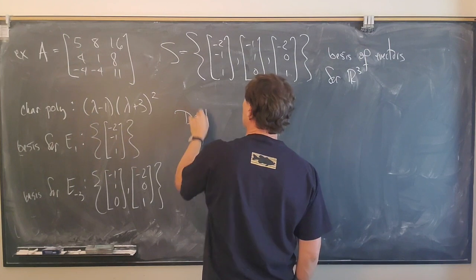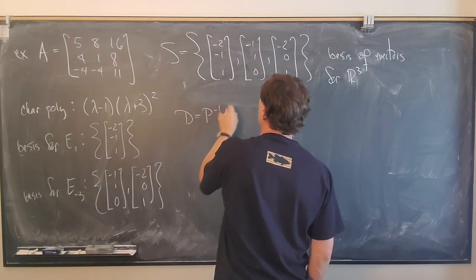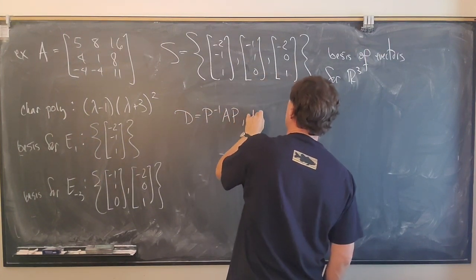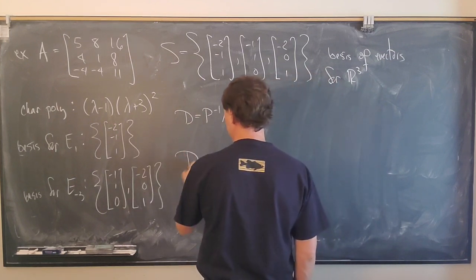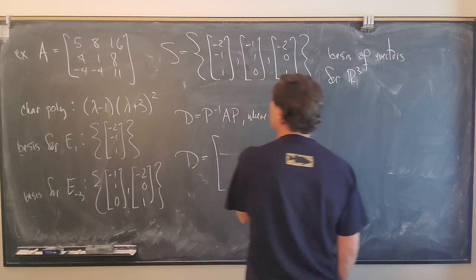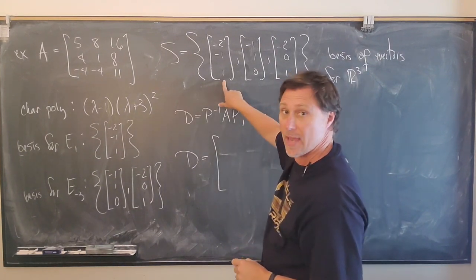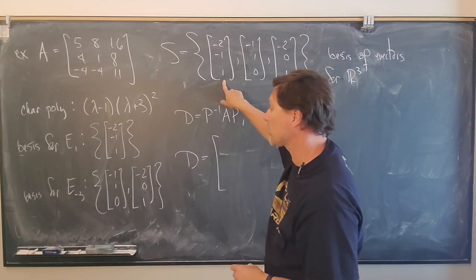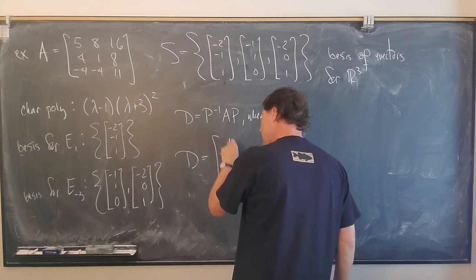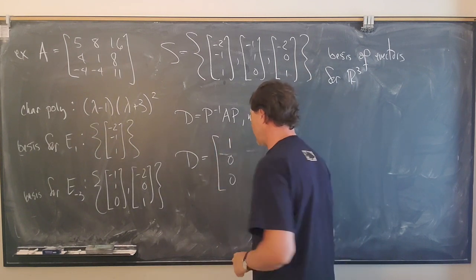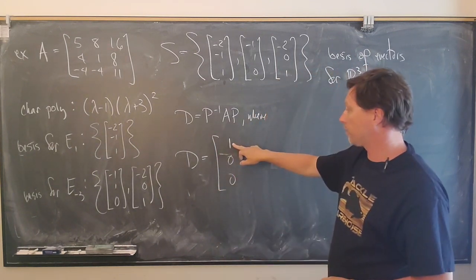D equals P inverse A P, where D is going to be the matrix. So what do I have? I have my first eigenvector in my basis corresponds to 1. So on the diagonal, in that first position, I'm going to put a 1.